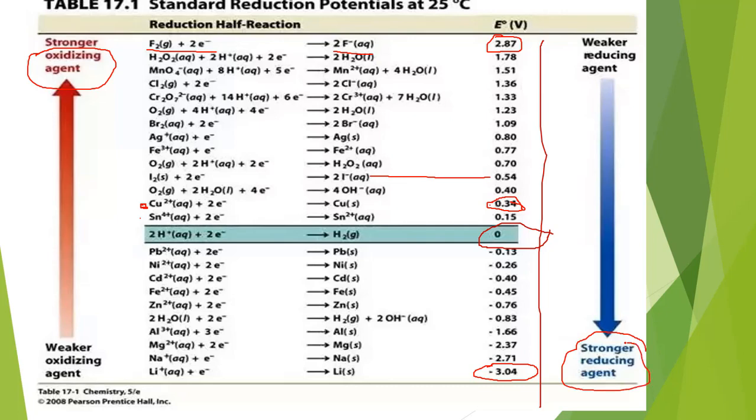In a redox reaction, the species undergoing oxidation acts as the reducing agent, and the species undergoing reduction acts as the oxidizing agent. Now the conclusion here: fluorine is a stronger oxidizing agent, and lithium is a stronger reducing agent. Lithium is the stronger reducing agent, not lithium plus, it is lithium.